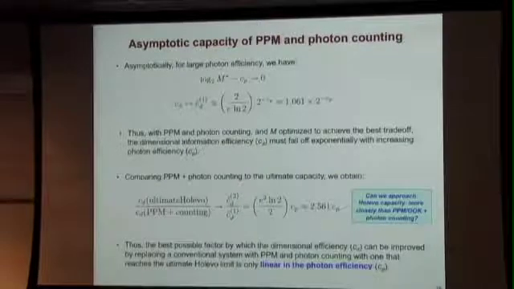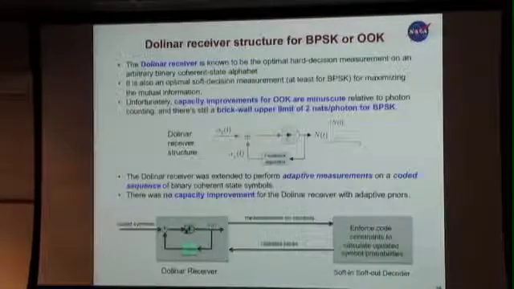Can we do better than this is the question. Well, one of the things that Barris introduced me to, going back 40 years, I had this receiver that was the optimal hard decision measurement on an arbitrary binary coherent state alphabet. In other words, if you want to decide, did you send this coherent state or that coherent state with minimum probability error, this receiver structure, which is illustrated here, gave you the minimum probability error consistent with quantum measurements.